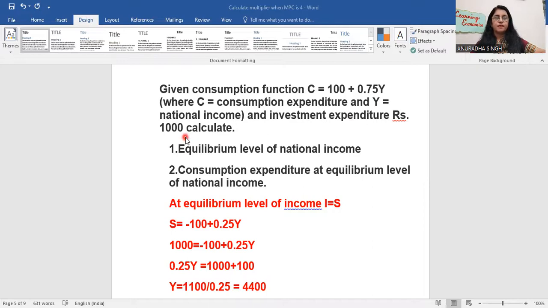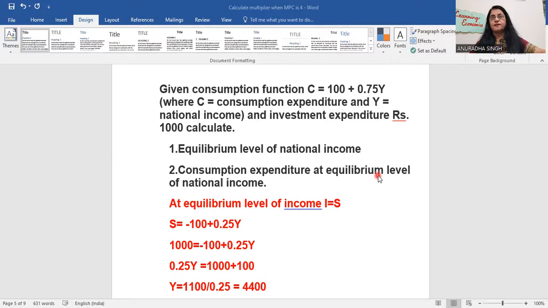Now we have to calculate two things. The first is the equilibrium level of national income. Now the economy is in equilibrium. When the economy is in equilibrium, then investment is equal to saving. We also have to find consumption expenditure at equilibrium level.